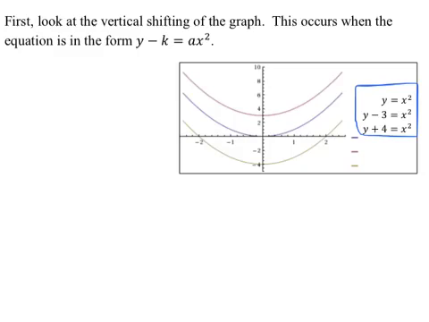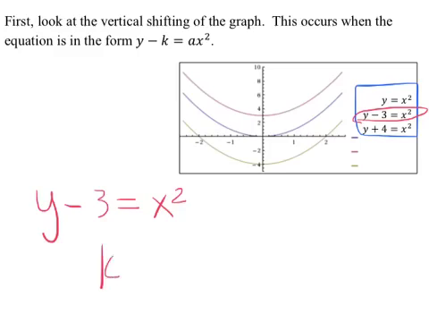Now, take a look. The red line is the y minus 3. That's this. I'm going to circle it in red. That's the red line in our diagram. So, look at the original form, y minus k equals ax squared. For this one, what is the value of k in this problem? K is just 3.